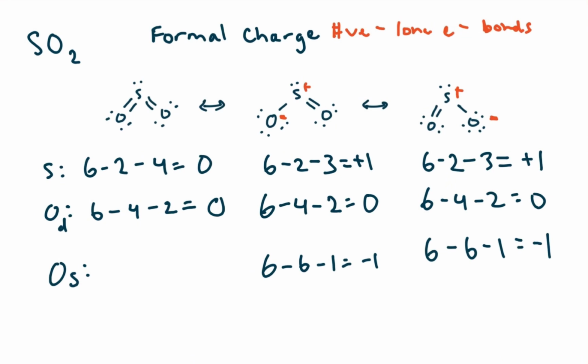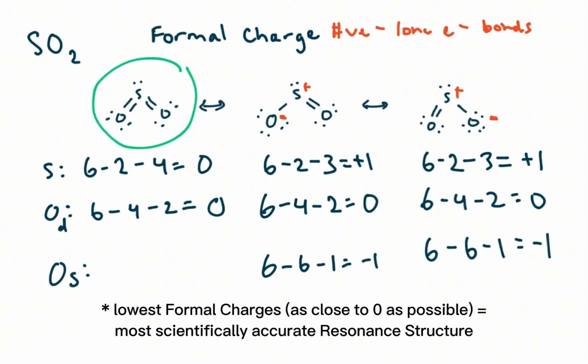So therefore, we can see that the very first resonance structure has the least amount of formal charges, because they're all 0, and we want that. So this resonance structure is the most scientifically accurate.